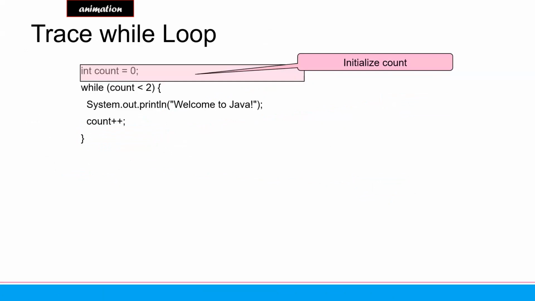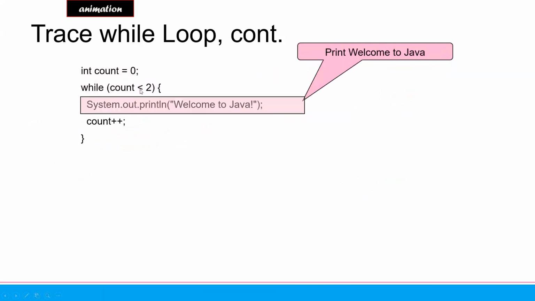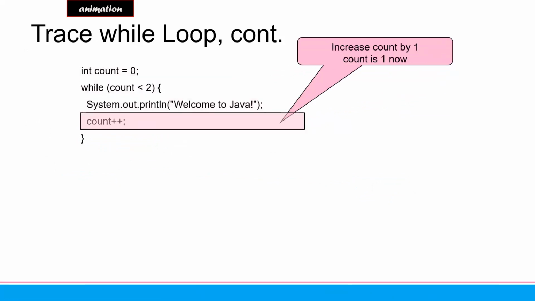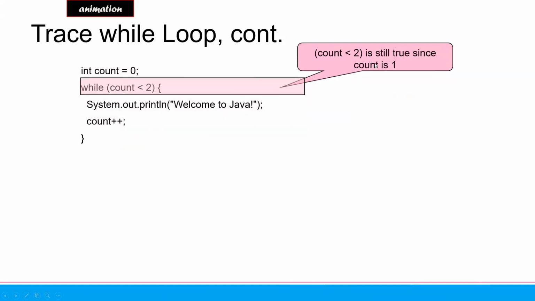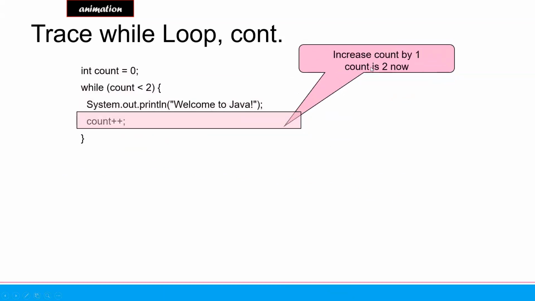First, we initialize the count and then check whether count is less than 2. Is it true? Yes. Then we print welcome to Java and increase count by 1. Now count equals 1. Is 1 less than 2? Yes, true. Then we print welcome to Java, and count is added by 1.